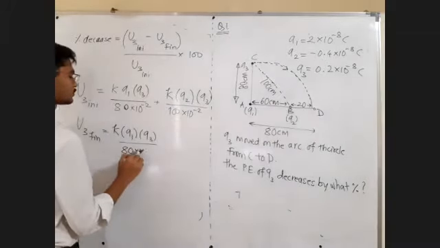Now the third charge will also interact with the second charge. K Q2 Q3 upon R23. That is 20.